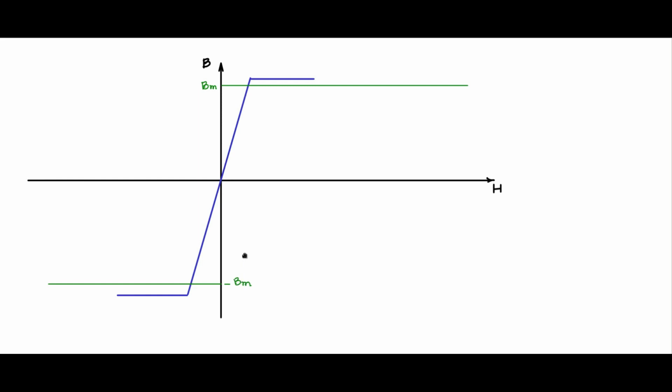So we know that the flux density in the core will swing only between minus BM to plus BM, never crossing that. So if we limit the flux density to this value, what is the maximum energy that this inductor can store? If you take the intercept here, the field will be N I1 by lm.